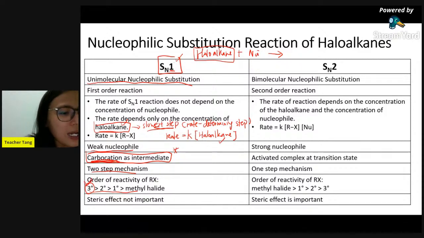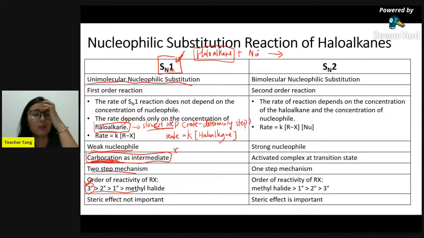That's why tertiary haloalkane is the most reactive towards SN1. While methyl halide will form a methyl cation, which is not stable at all. That's why it is the least reactive towards SN1. So in the SN1 reaction mechanism, steric effect is not important. Later on I will explain what steric effect is.